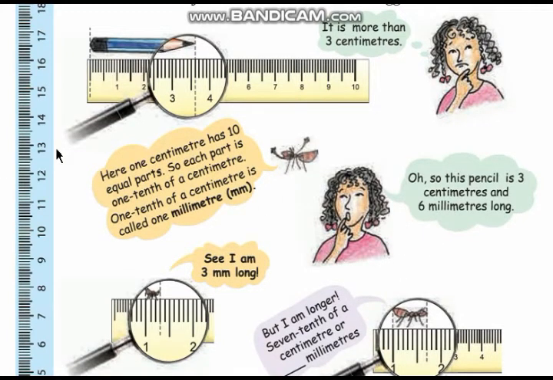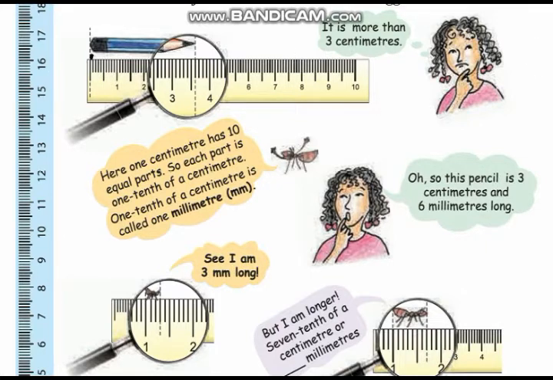Children, here you can see this scale. Now here if you want to measure this pencil, we have to see these numbers and these lines. If you see here, these smaller lines are there and some lines are bigger, and also written the numbers with bigger line here 1, 2, 3, 4, 5. So these bigger lines are of centimeter and the smaller lines are of millimeter.